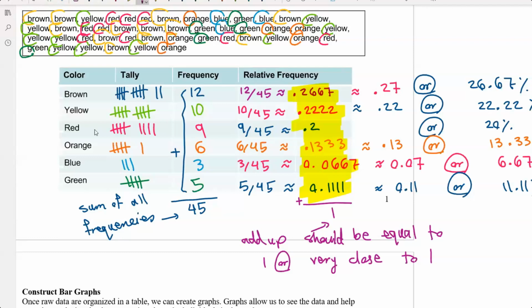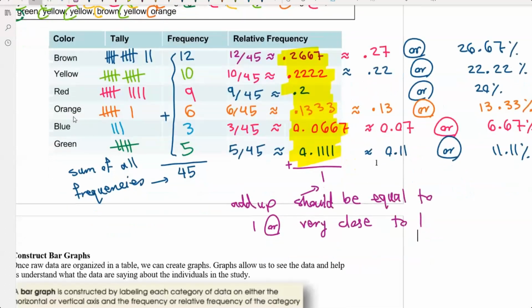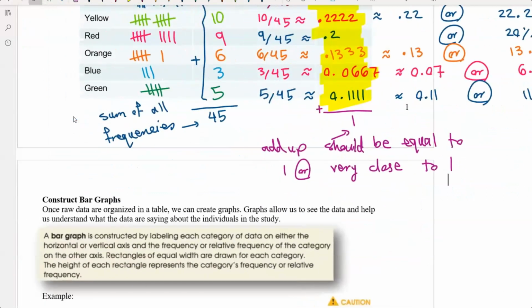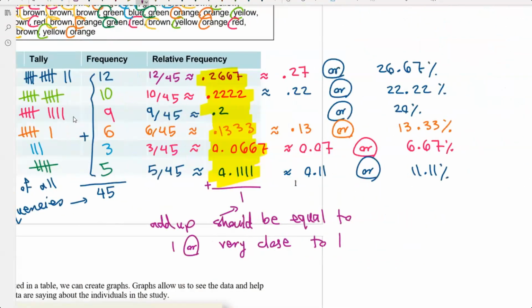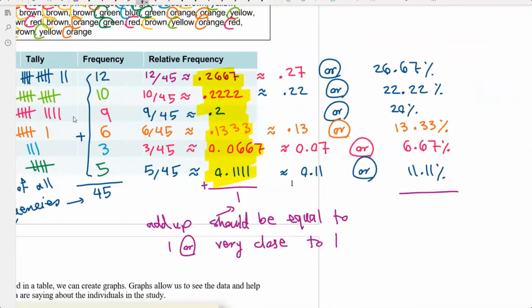Why did I say very close? Because since we're rounding, this sum may not be exactly equal to 1. And same thing for this part: since here we used percent, adding all these should be equal to 100%.